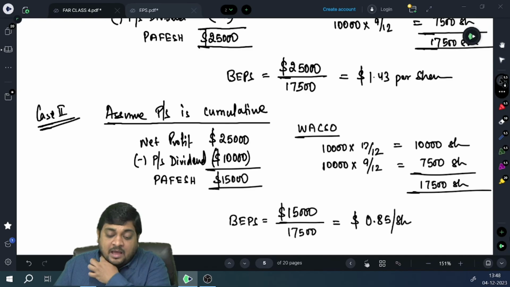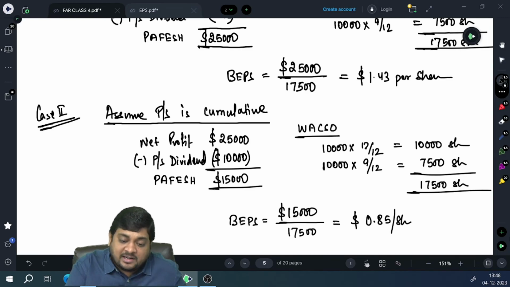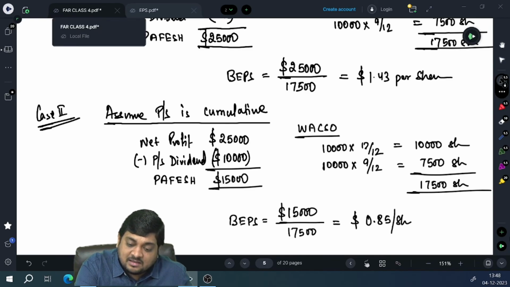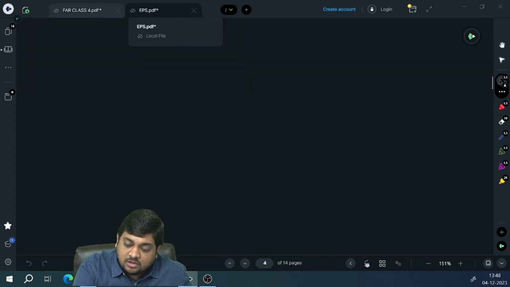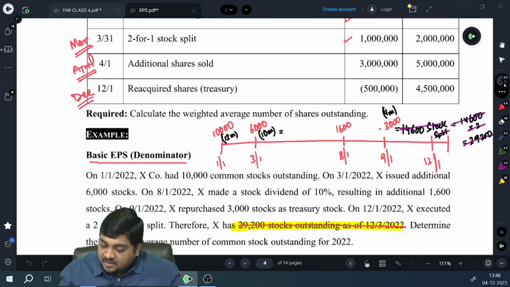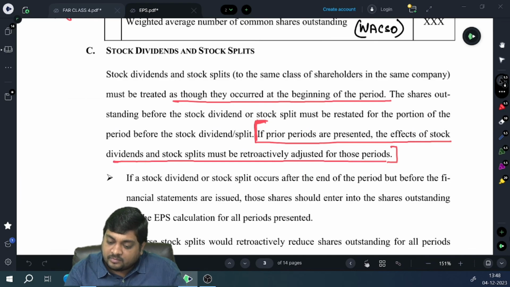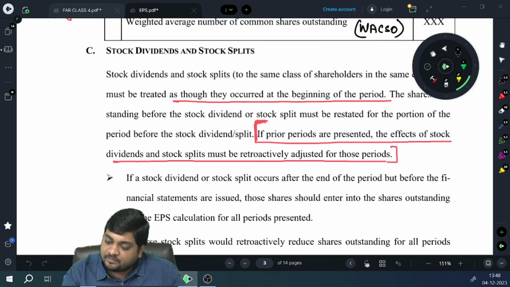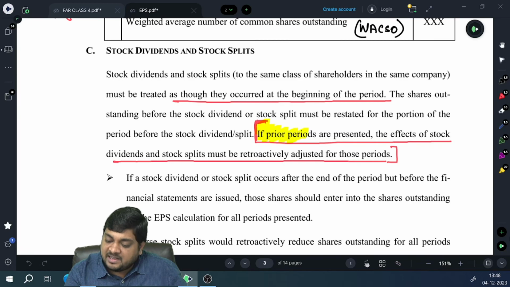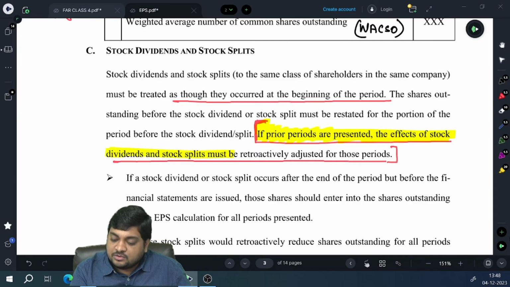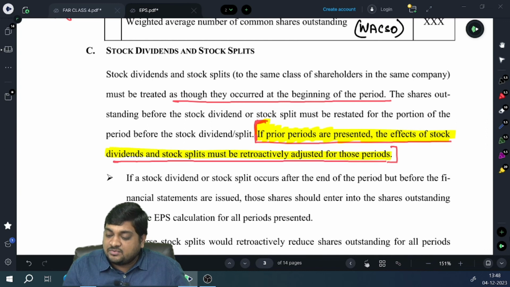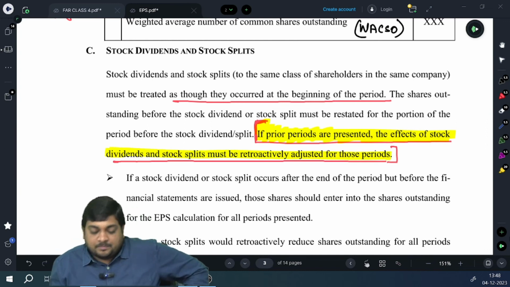I think this is absolutely fine. Okay. Now I told you that I'll explain you later on. There is one very important concept that in case of stock dividend, if prior period is presented, then effect of stock dividend should be adjusted for those periods.